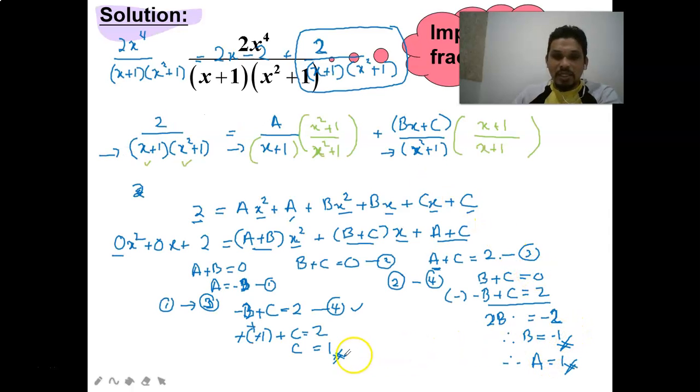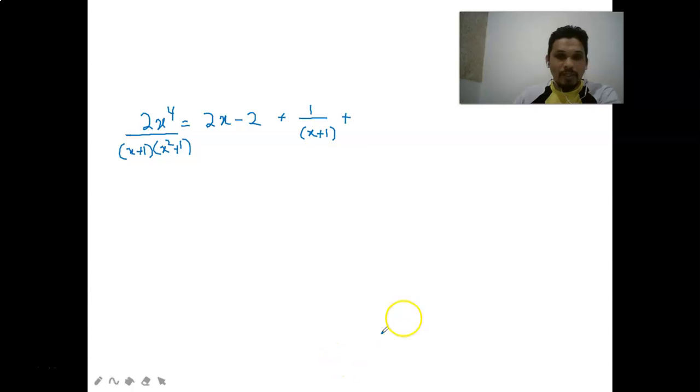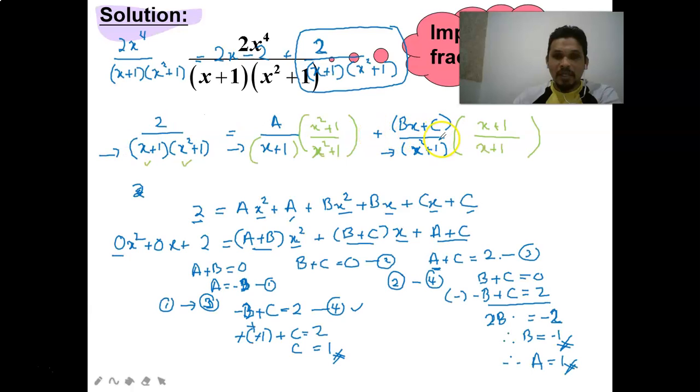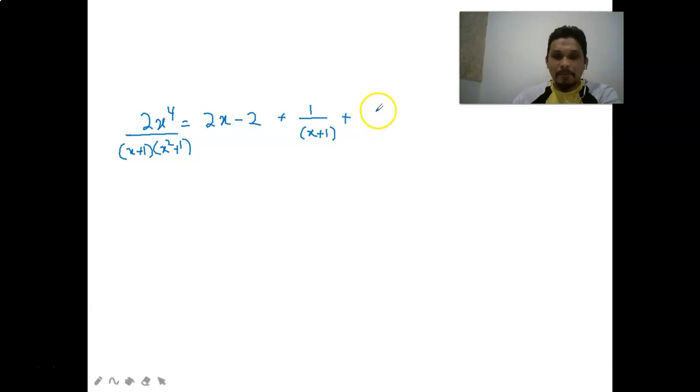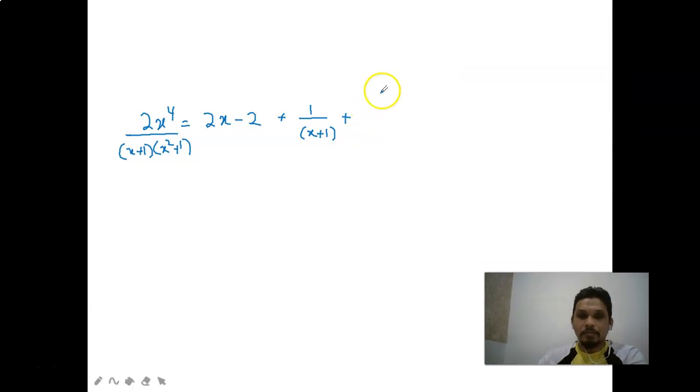B is negative 1 and c equal to 1. So then negative x plus 1 divided by x squared plus 1. B is negative and c equal to 1. Okay, so that's it.